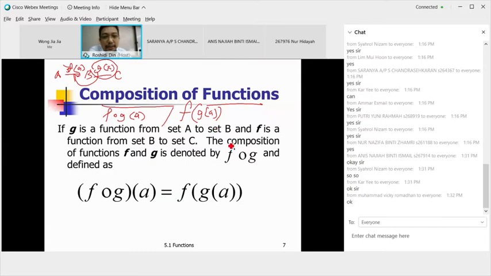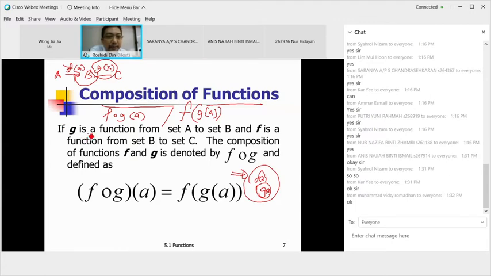We can picture the idea like this: this is F, and inside F there is G. So this one is F of A, this one is G of A.